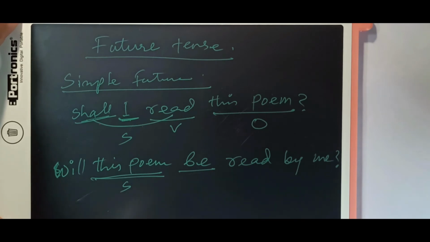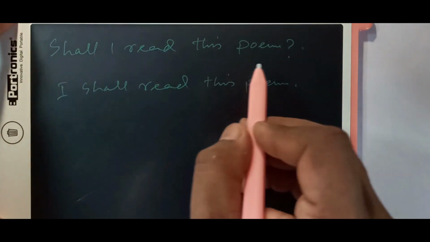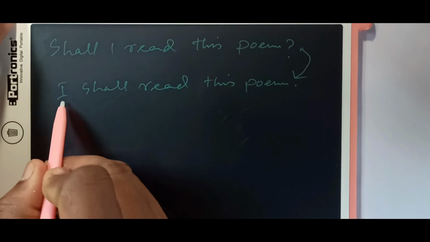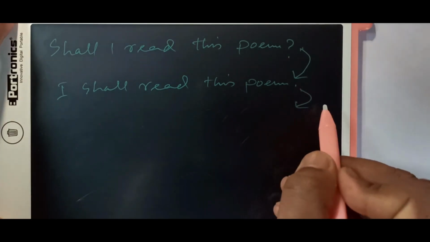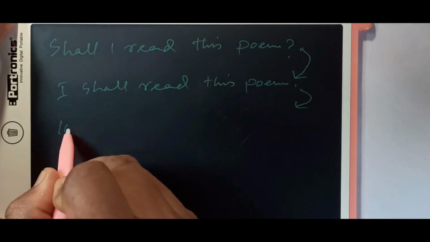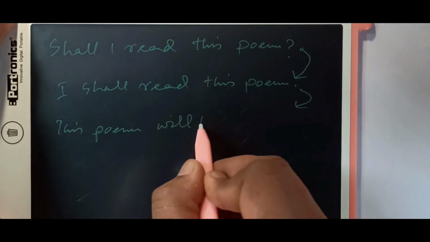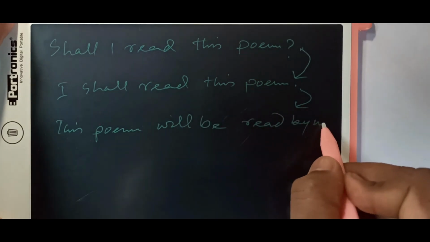If you want to see, I can show you. You can see I shall read the poem. We will change it first to an assertive sentence here. I shall read this poem. And now we turn this to passive. This poem will be read by me.